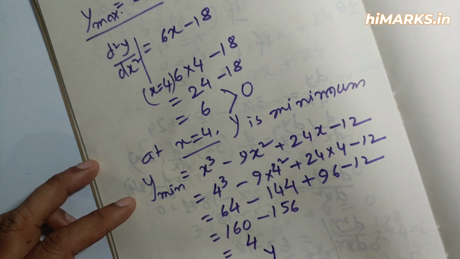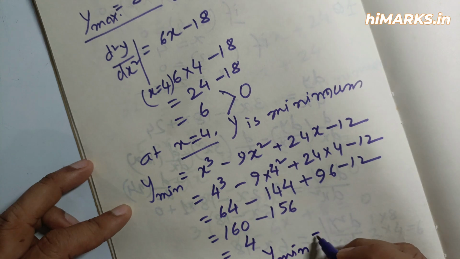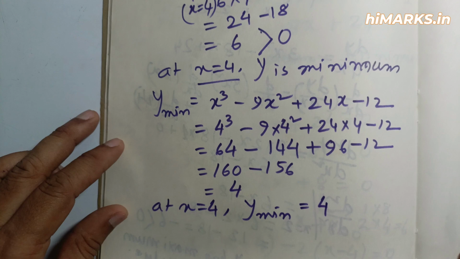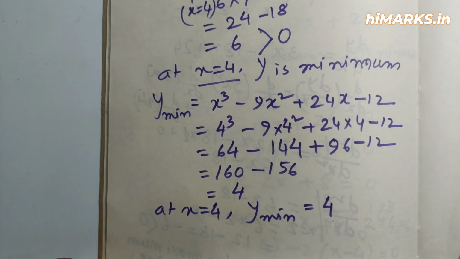So this y min value has come as 4. That means at x equal to 4, the function will get the minimum value, and that value is 4.